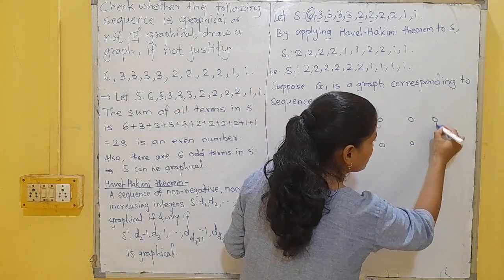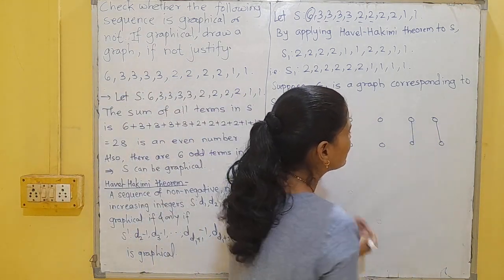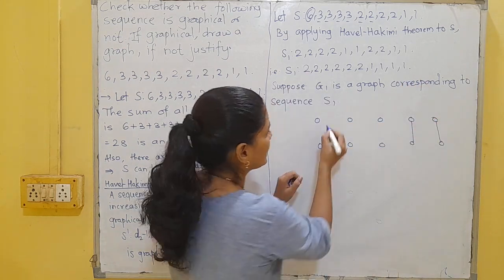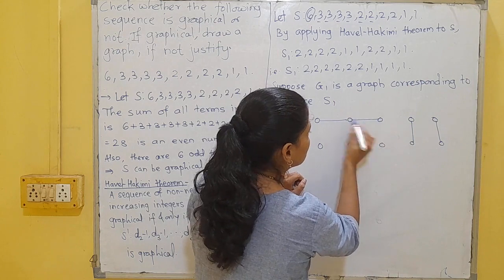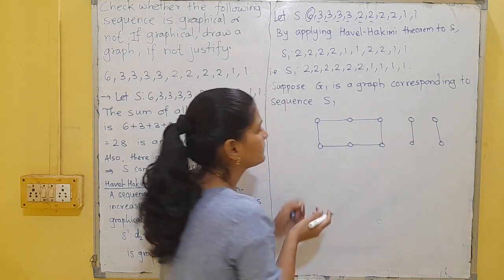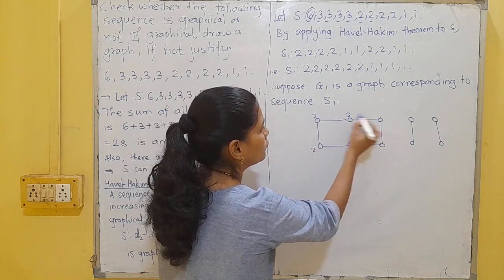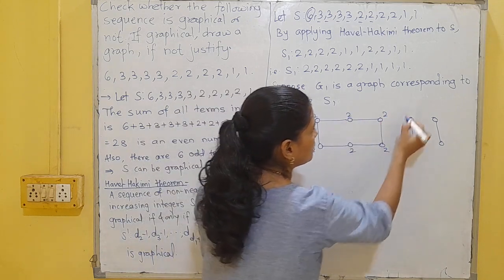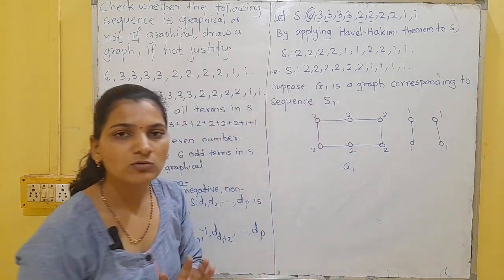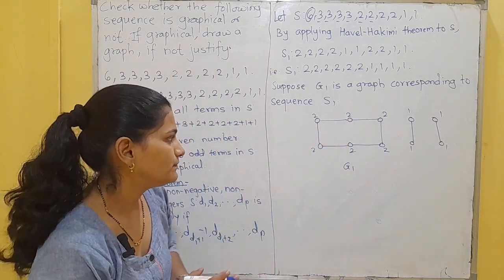I am joining these vertices, so we get 4 vertices with degree 1. If we join these vertices in this way, then each of the others has degree 2. So now this is a graph G1 corresponding to degree sequence S1.